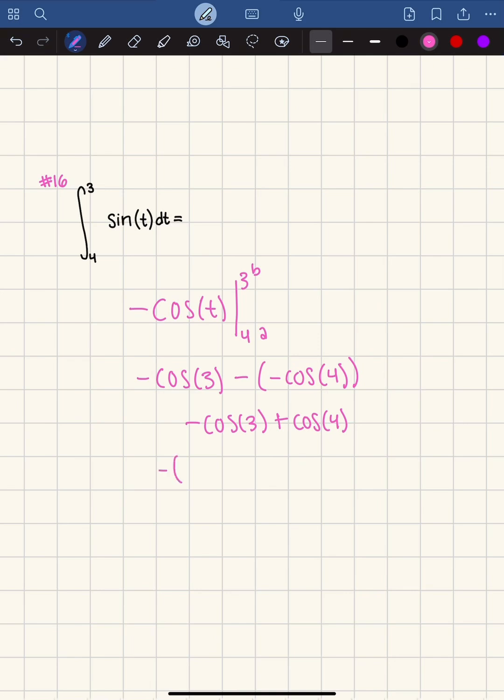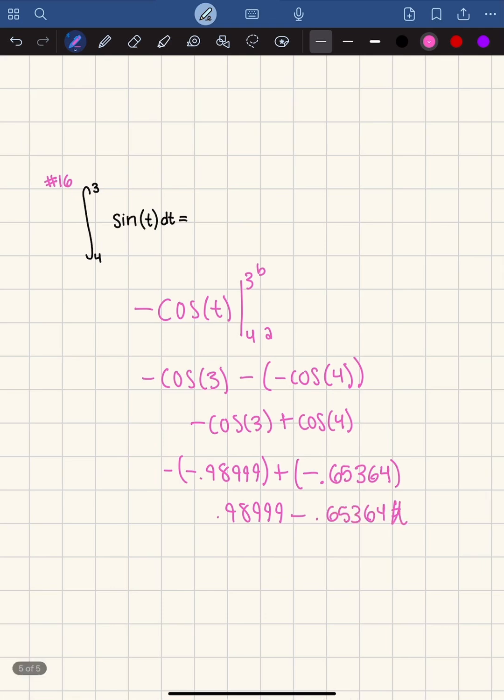So cosine 3 equals negative 0.98999, plus cosine 4 equals negative 0.65364. So this is 0.98999 minus 0.65364, which equals 0.33635, and that is your final answer.